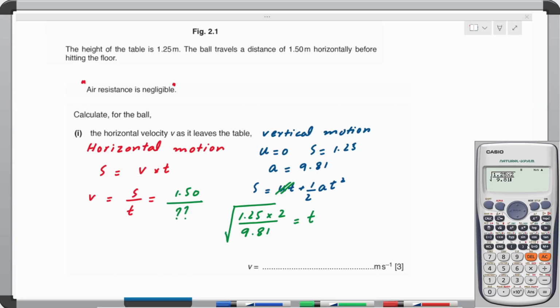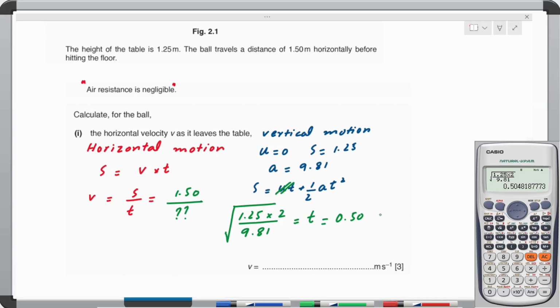Let me press the equals, 0.50. Alright, so the value of t, the value of time that you get from here is 0.504. You can write to 3-4 decimal places.